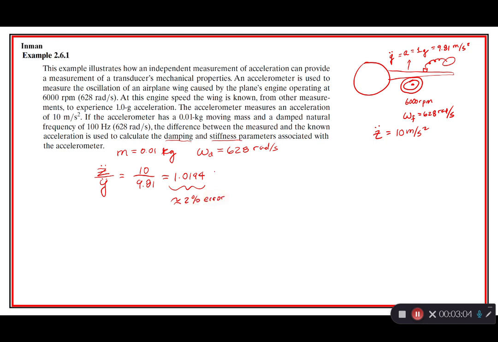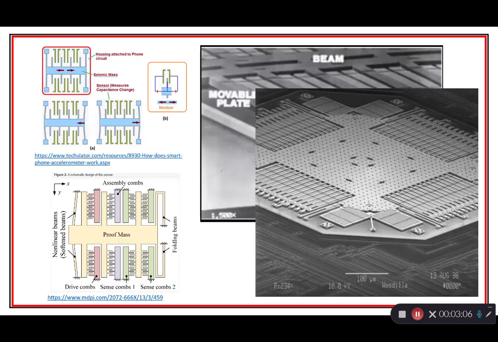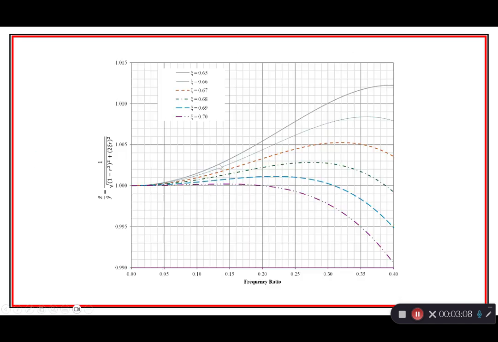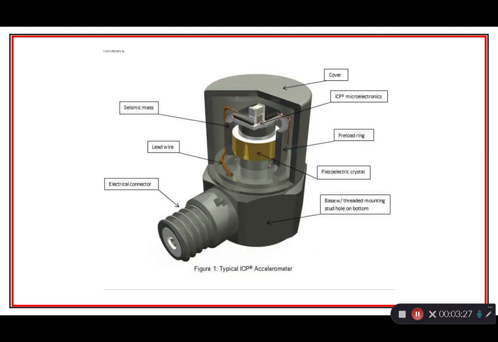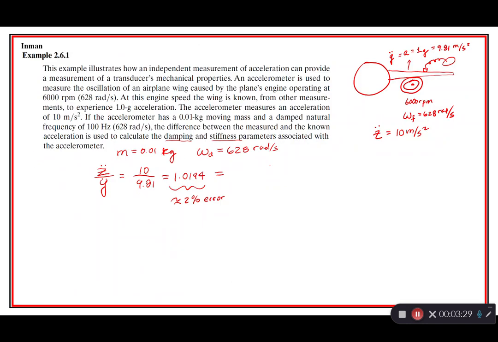That's going to equal, and we're going to go back and use this equation right here. This is the relationship between these two, the difference between them. So z double dot divided by y double dot is going to be equal to this: 1 over the square root of (1 minus r squared) squared plus (2 squiggle r) squared.